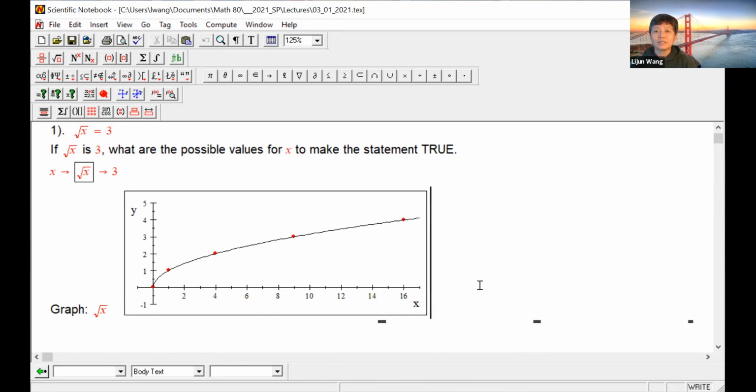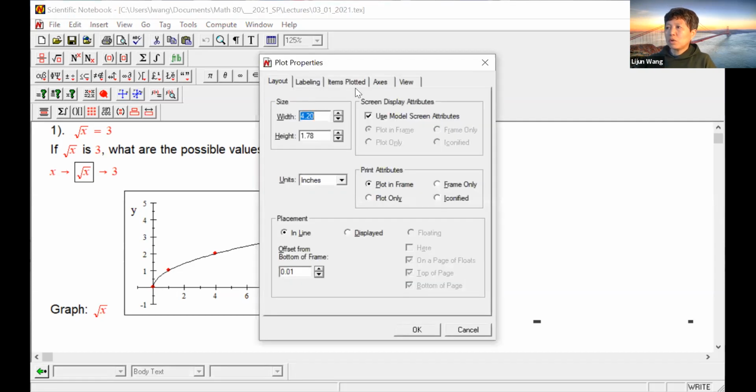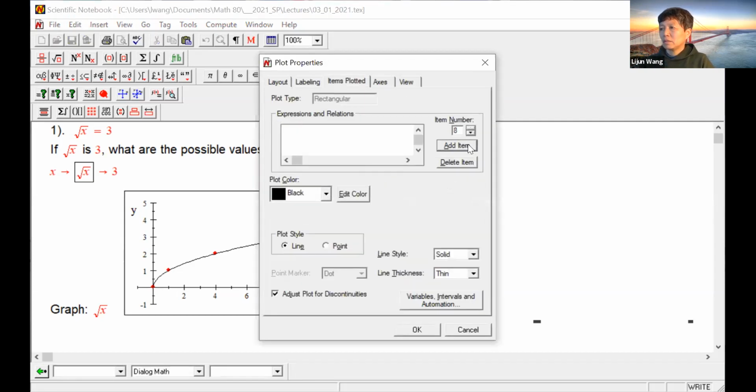So now they ask us, if the output is 3, what will be the input? Wouldn't you be drawing the same line?